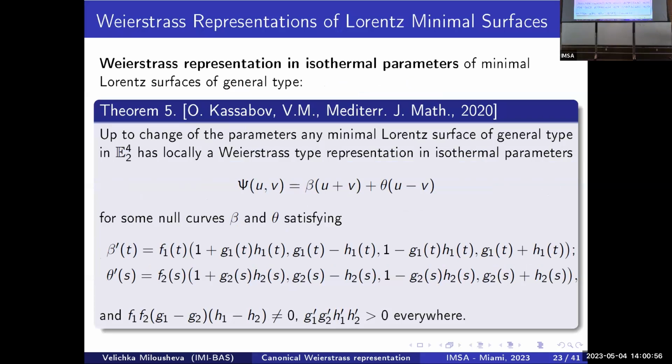The theorem states that, up to change of the parameters, any minimal Lorentz surface of general type has locally this Weierstrass type representation in isothermal parameters, where beta and theta are null curves satisfying these equalities for beta prime and theta prime, which means that we express the surface in terms of 6 functions, f1, f2, g1, g2, h1, and h2.